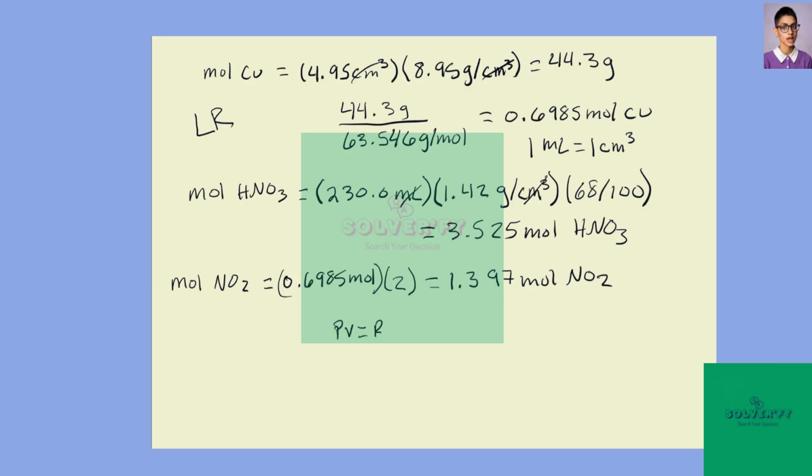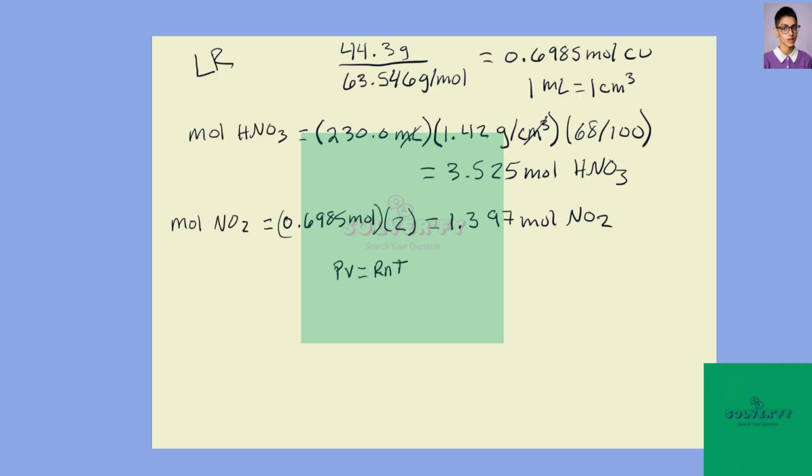All right, so then we're just going to use our PV is equal to nRT, and we're searching for a volume, so V is equal to nRT over P. So our volume is going to be our moles of nitrogen dioxide, so 1.397 moles. And we're going to times that by our R value, which is 0.0821 liters atmosphere per mole Kelvin.